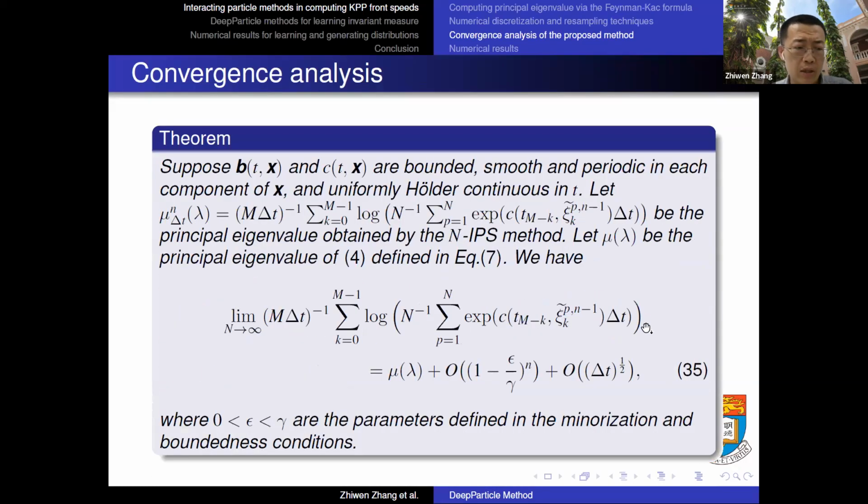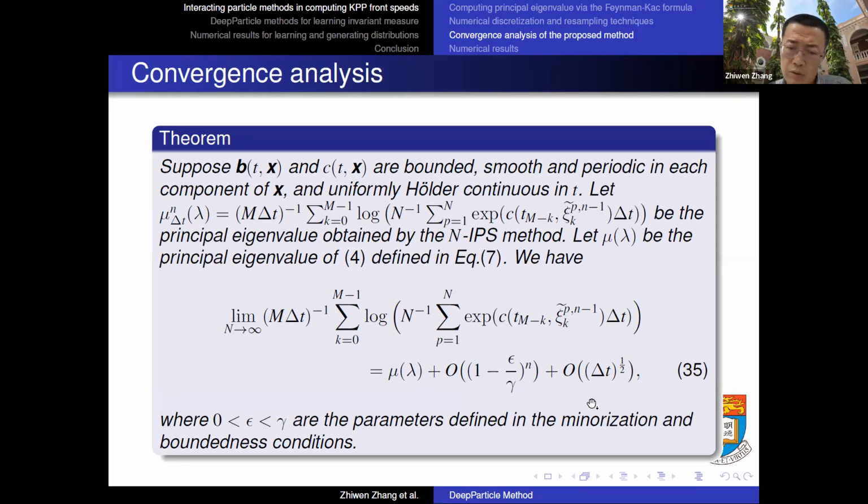And the final result is this. This is a numerical approximation, as n approaches infinity. If n does not approach infinity, there's an additional error, 1 over square root of capital N, the Monte Carlo error. The 2-term error: this part is from the iteration, and this error is from the time step, delta t.